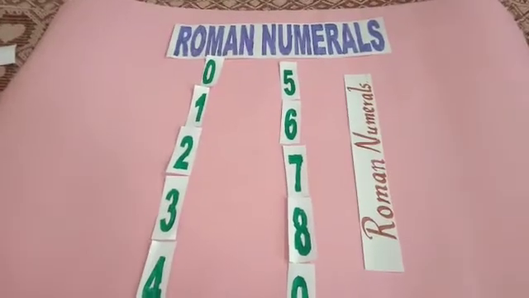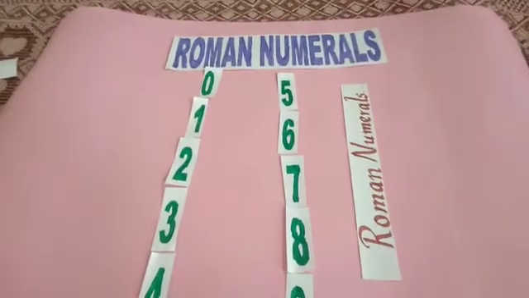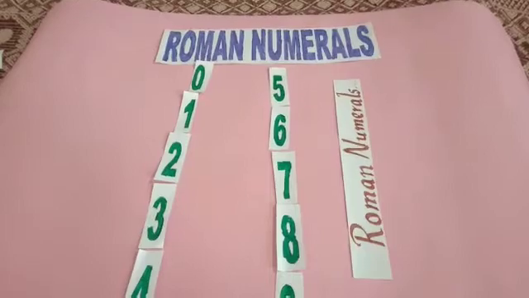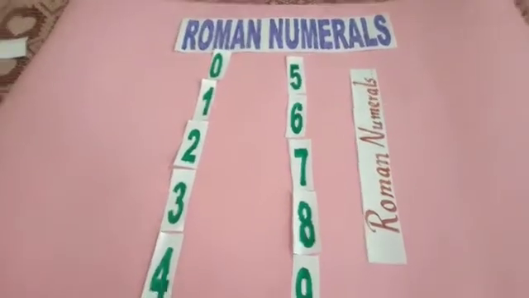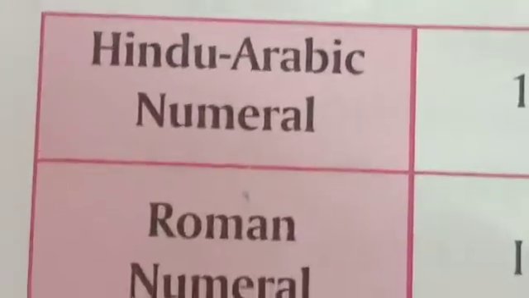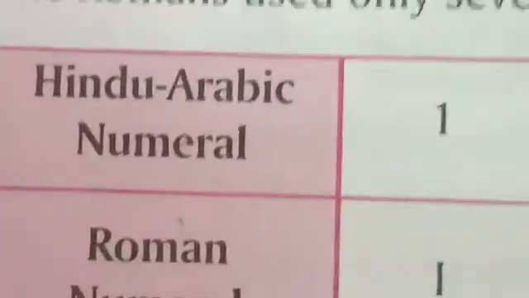In ancient days, Romans had a different system of numbers. They used only 7 symbols to write numbers: I, V, X, L, C, D and M. Each letter has a different value.